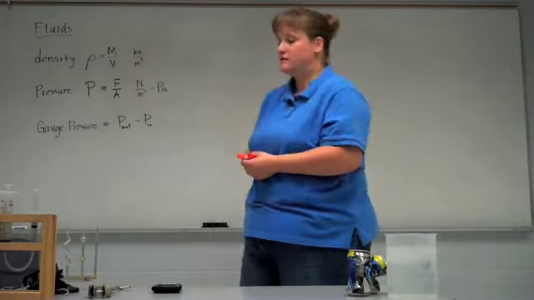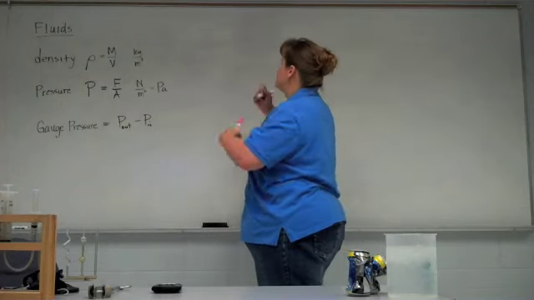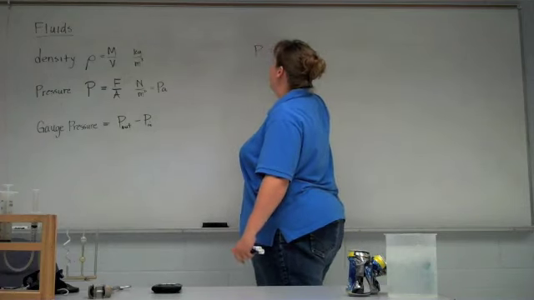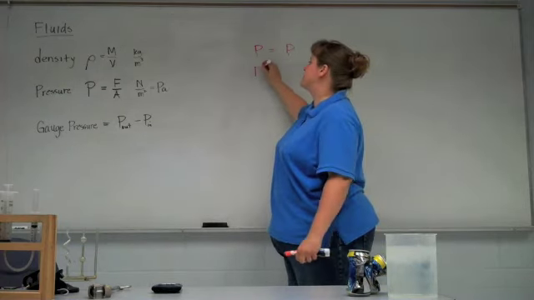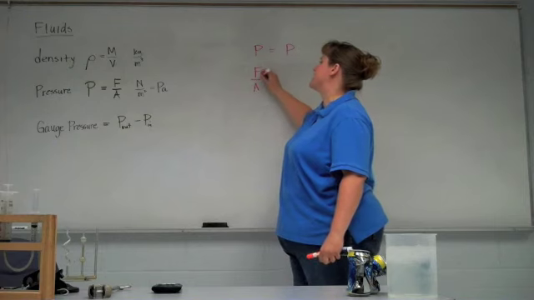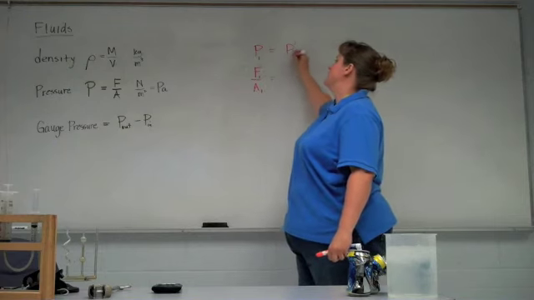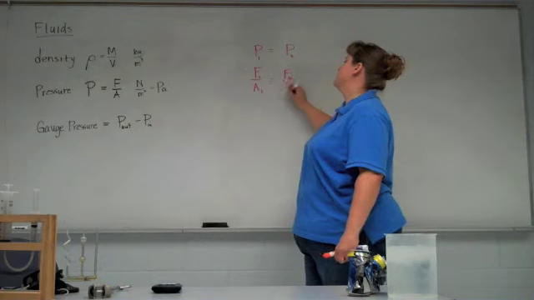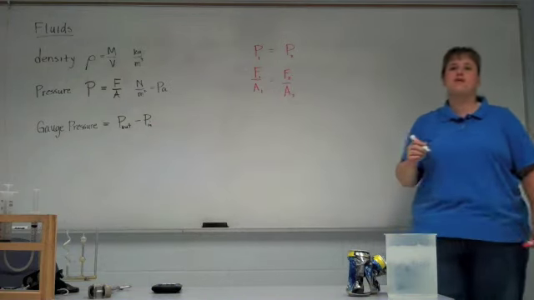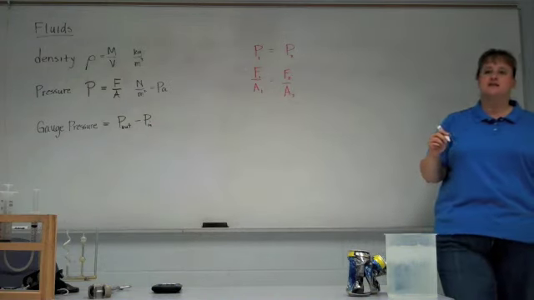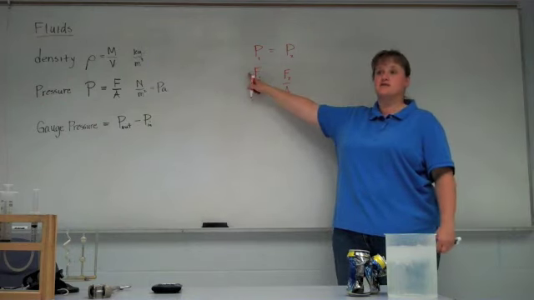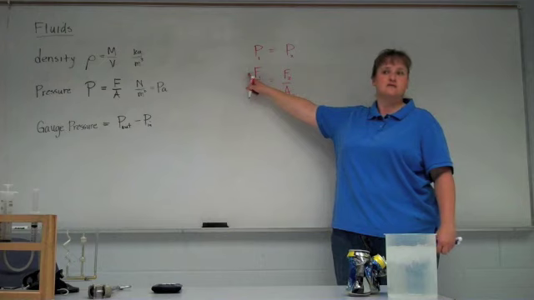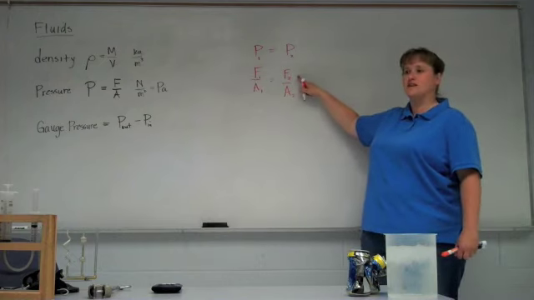So what's happening is basically the pressure on the left side has to equal the pressure on the right side. But pressure is force over area. So I'll call the left side 1 and the right side 2. The ratio of force per area is the same. The bigger area required a bigger force to get it to move. The smaller area only needed a smaller force to get it to move.